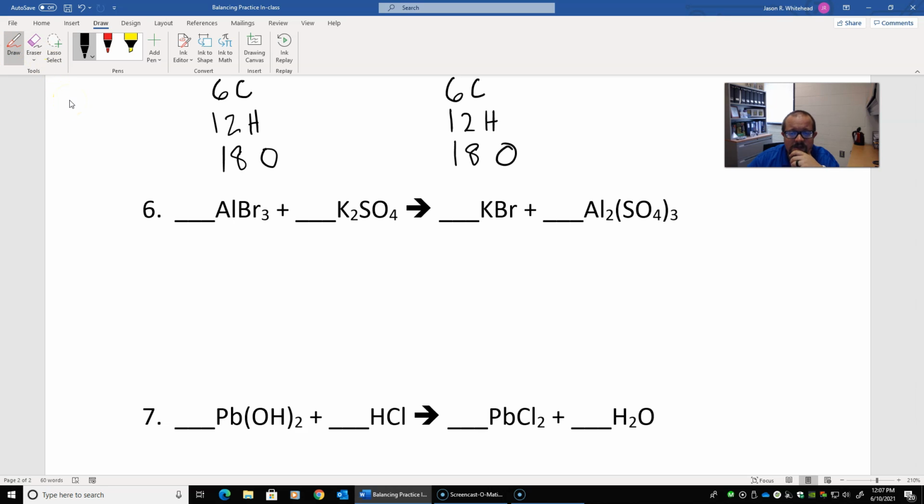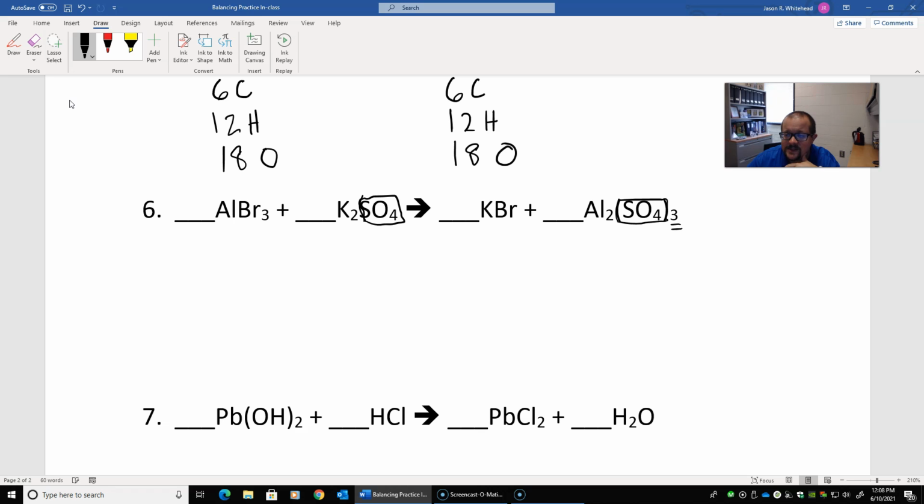And let's see, where are we going to start? Let's start by looking at the sulfates. We balance these polyatomics as a whole piece. So don't balance the S's and the O's individually. Think of them as chunks. They remain intact. So here, this SO4 is one big piece. It's one big polyatomic ion.